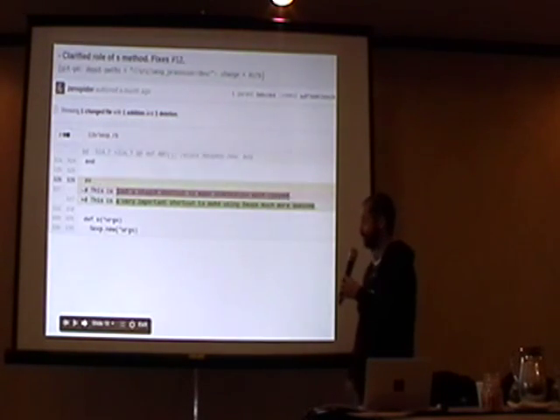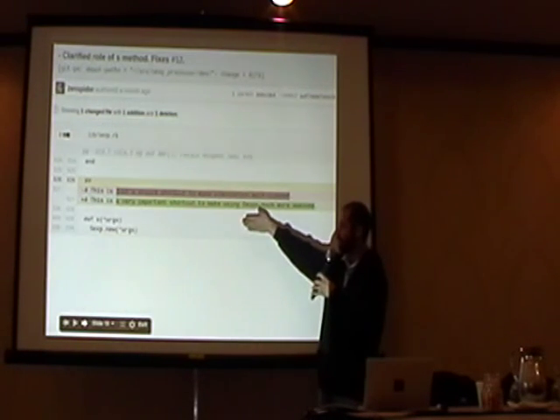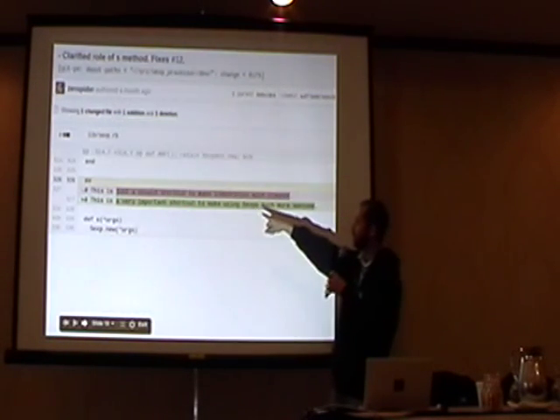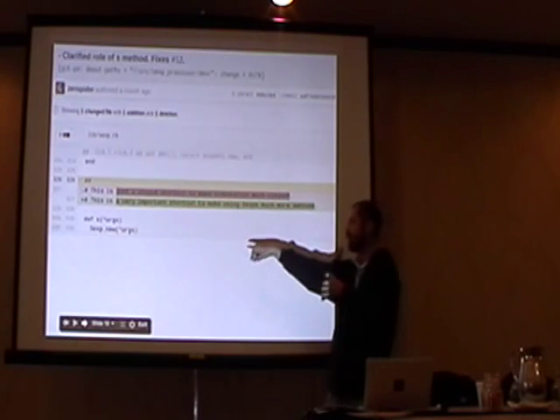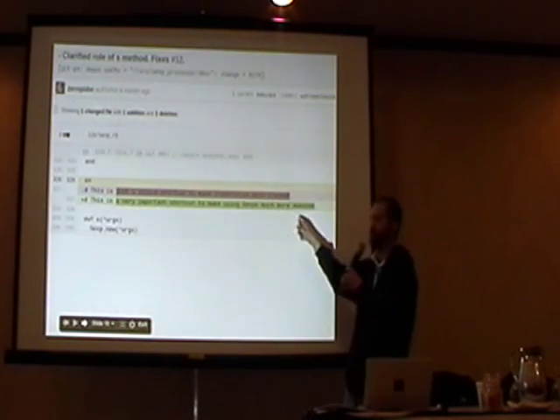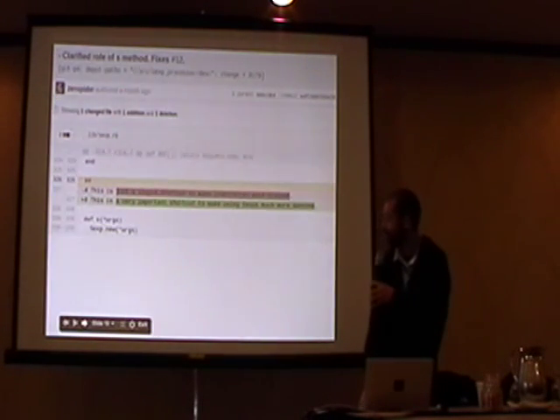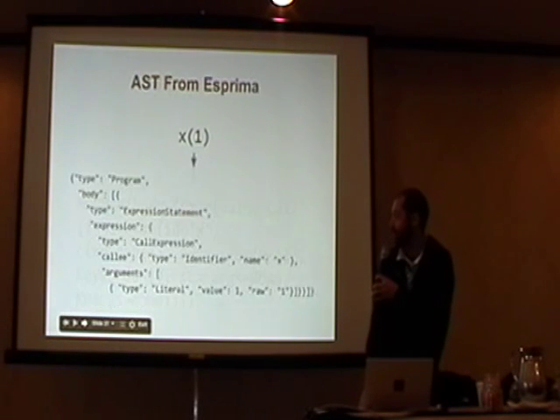They're like, you need to change this. So this was his fix. He changed the comment from "this is just a stupid shortcut to make indentation much cleaner" to "this is a very important shortcut to make using S-expressions much more awesome." That was his fix. And I don't know why I deleted that slide, that's crazy.